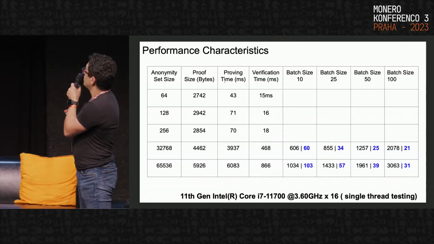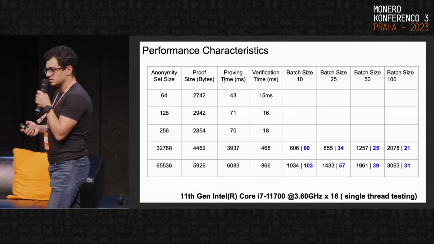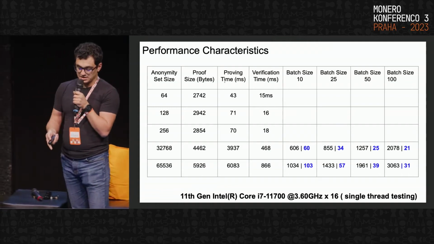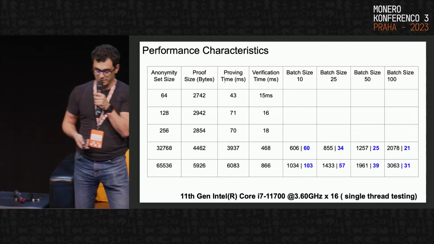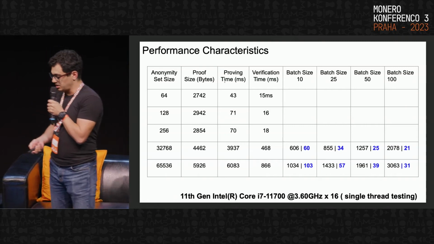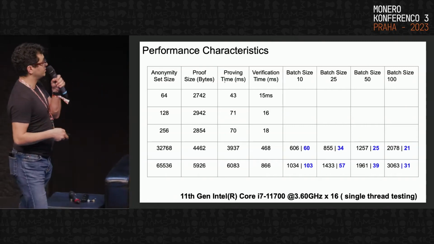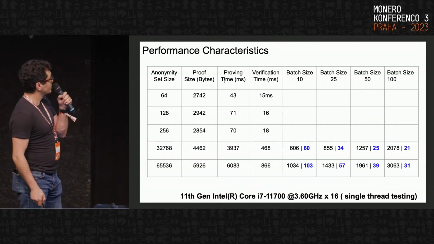The proving time will take 6 seconds. Verification of a single transaction will be about 860 milliseconds. But you can see that with batch verification of a batch of size, let's say, 100, the marginal cost of a single transaction verification will be down to 30, 31 milliseconds.